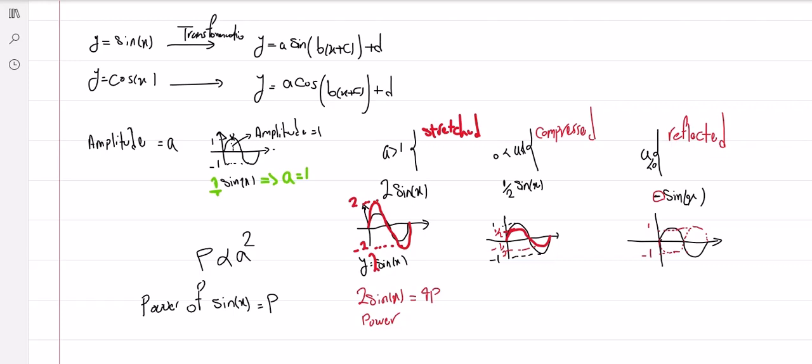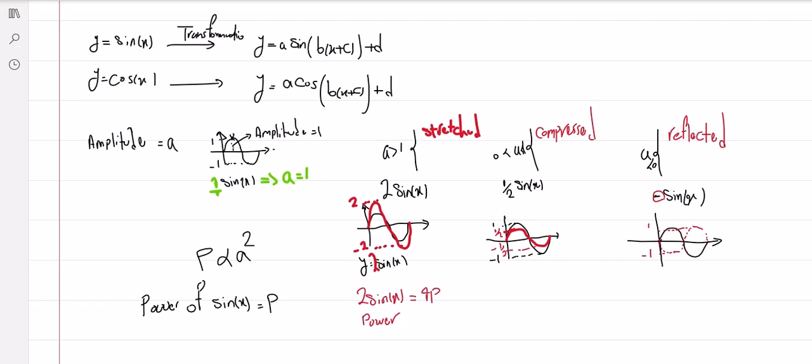We have 1/2 sine x in the next example. As you see in here, the amplitude of the sine x has been halved. So if the amplitude is halved, the power decreases to 1/4 because the amplitude has a power of 2. So 1/2 to the power of 2 becomes 1/4.